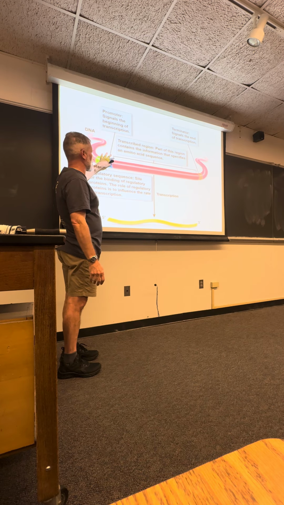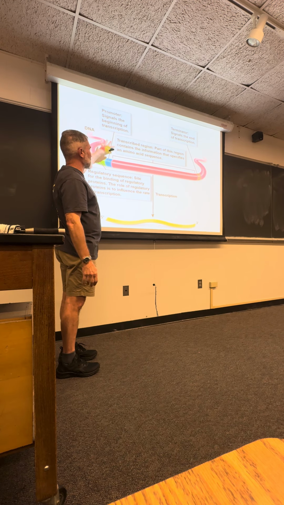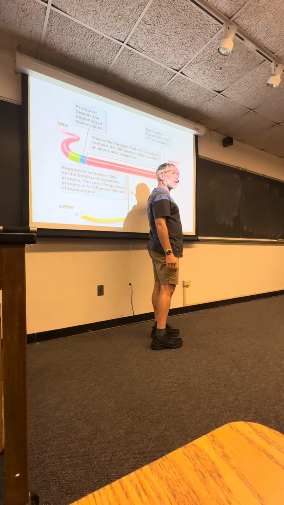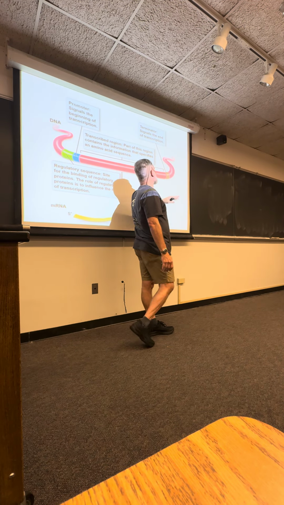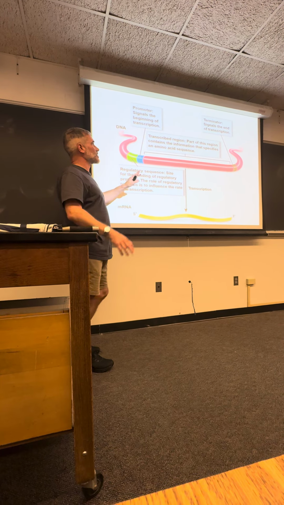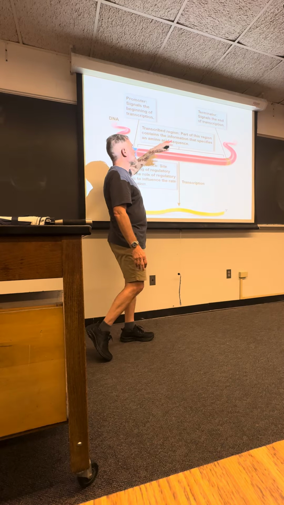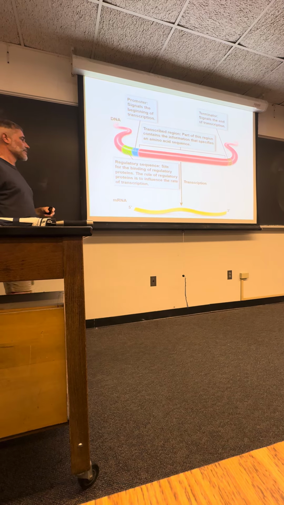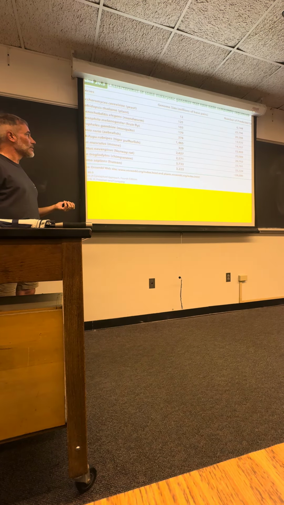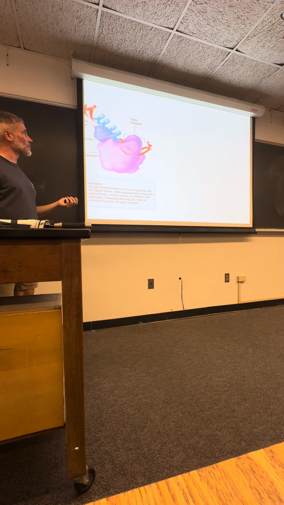So that's where RNA polymerase binds to begin transcription. Then the terminator is where RNA polymerase stops transcription and dissociates from the gene. So in between there, it produces what is called the transcribed region, which is going to be used to encode a protein.